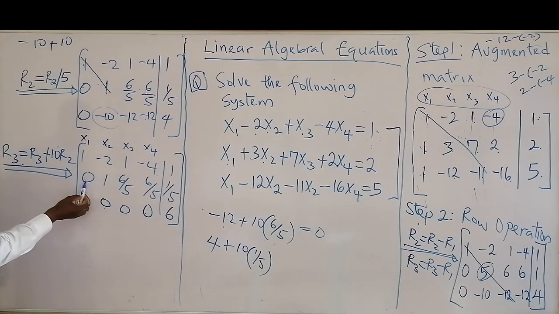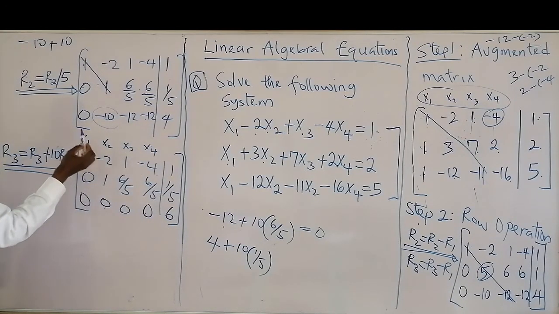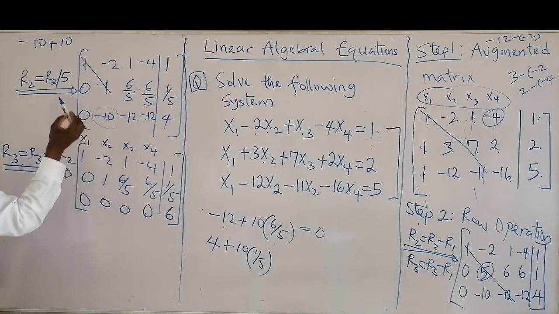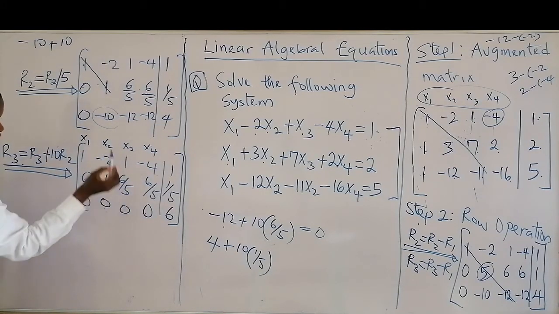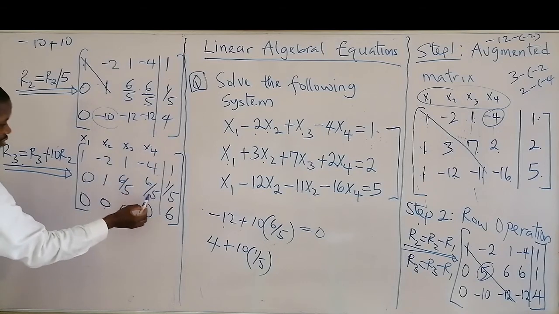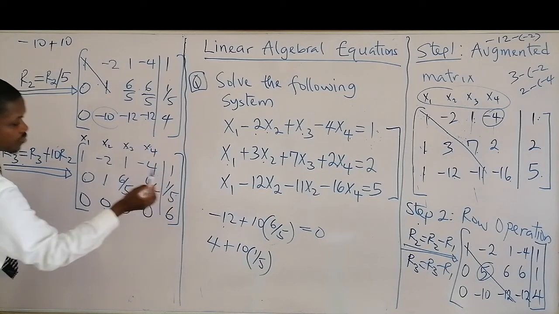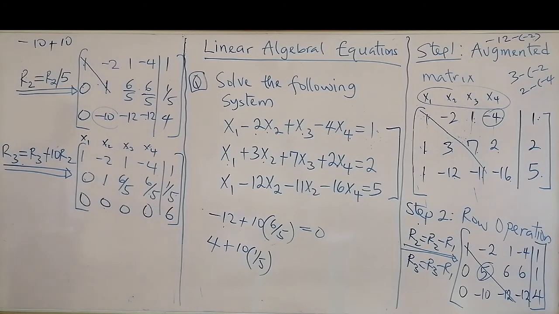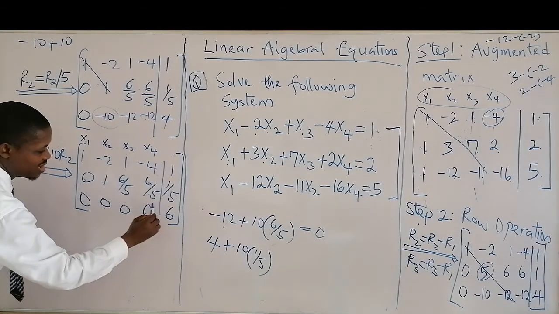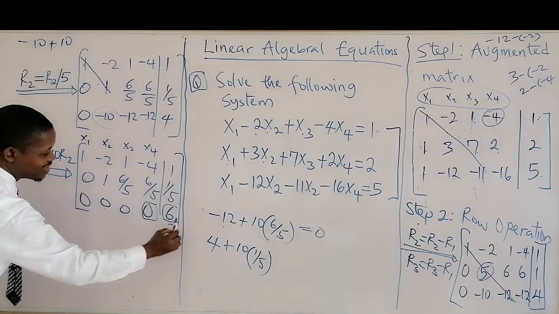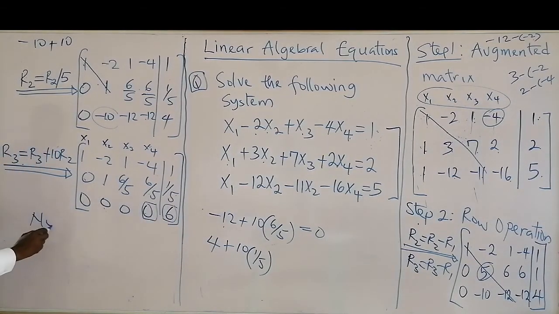Likewise, this row is 0 times x1 plus 1 times x2 plus 6 over 5 times x3 plus 6 over 5 times x4 equals 1 over 5, and so on. In this case, we don't have any variable in the last row, so there is no solution. No solution.